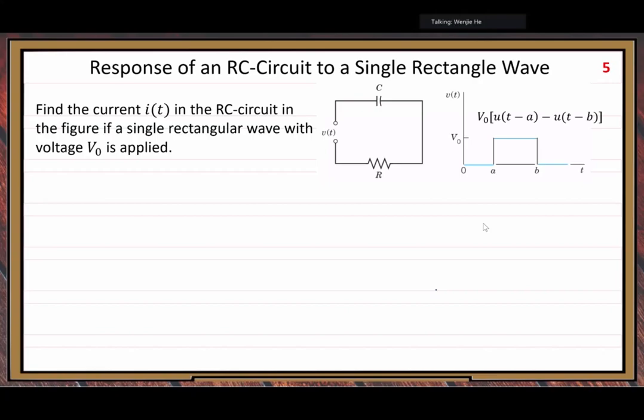People call this function shaped like this: 0, 1, 1, with the 1 only on the interval between A and B, a window function. There is a window, right? You cut off this part of a given function. You only take this window area. Some people also call it a window function.